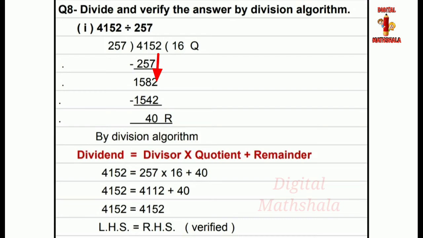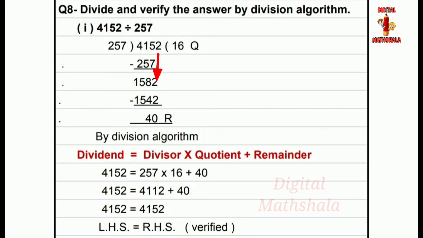When we solve, then we will get the answer 4152, which is equal to the LHS, that is the dividend, 4152. So here you can say that LHS equals RHS. So the division algorithm is verified here.